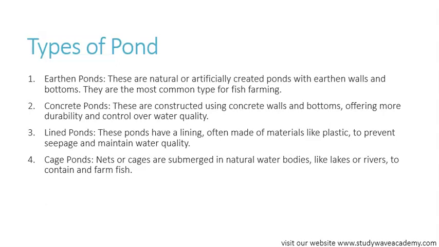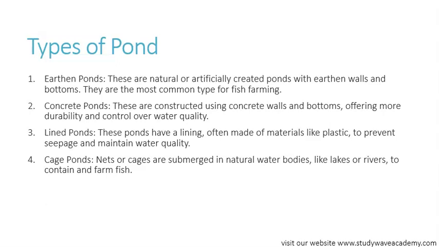Concrete ponds. These are constructed using concrete walls and bottoms, offering more durability and control over water quality. Okay? So concrete ponds are built with concrete walls and floors. Lined ponds.